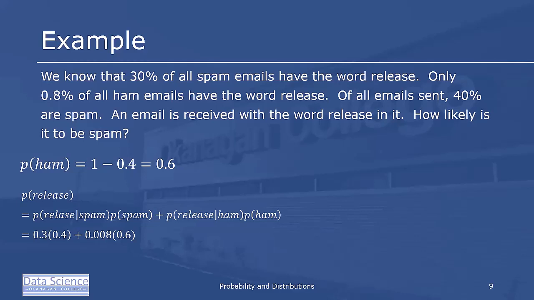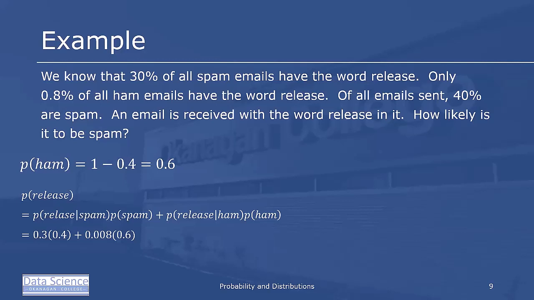We have to look at the probability that an email has release in it given that it's spam, times the probability of spam, plus the probability that an email has the word release in it given that it's ham, times the probability of ham. Plugging in the numbers we have, that's 0.3 times 0.4 plus 0.008 times 0.6.